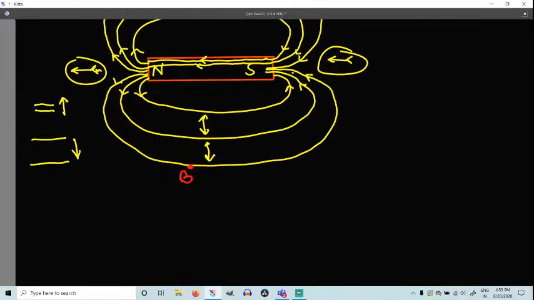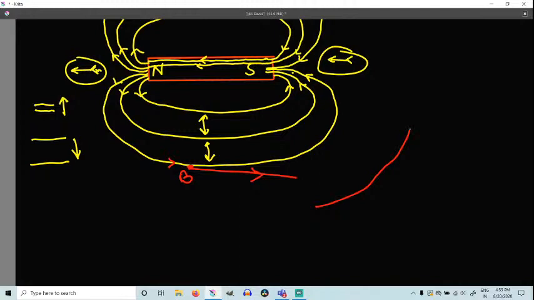And if I draw a tangent over here, it's again like this, and the direction is again in the direction of the magnetic field from north to south. So I can draw a tangent and find the direction of the magnetic field at a particular point of the field line. Now Snigdha Siddhant says that I cannot have two magnetic field lines crossing.